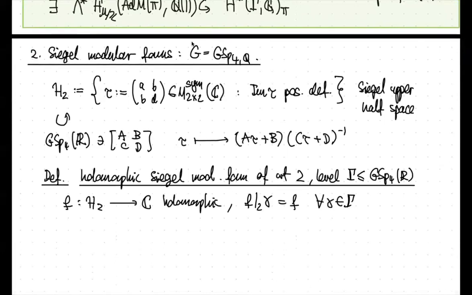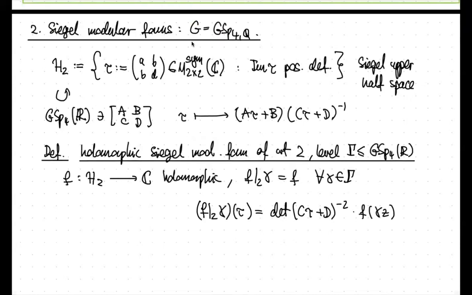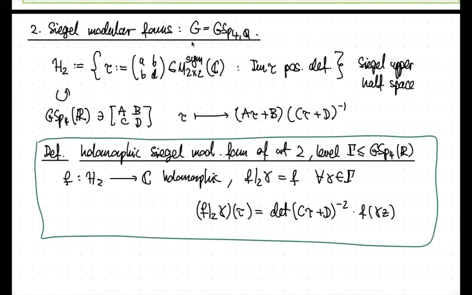Previously I didn't say exactly what it is; here it's a little easier, so I'll write it down. If I slash the form and evaluate at tau, it should be the same as in modular forms: you would have (c z + d)^-2 coming out. Here it's the determinant of the matrix (C tau + D) to the -2 times F of gamma tau. So this is the slashing action, and this is the definition.